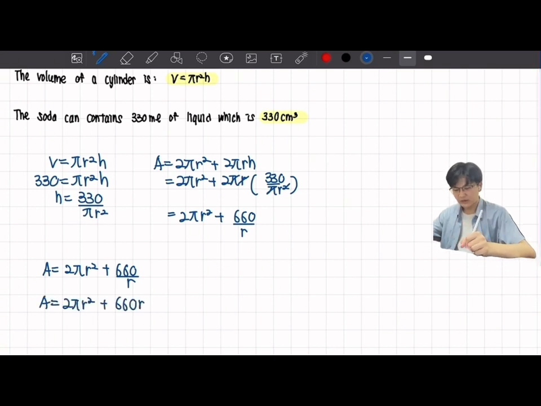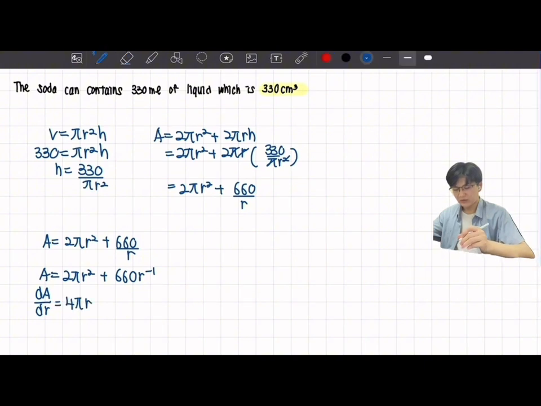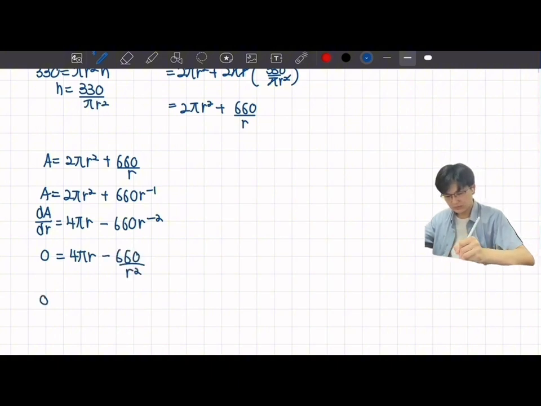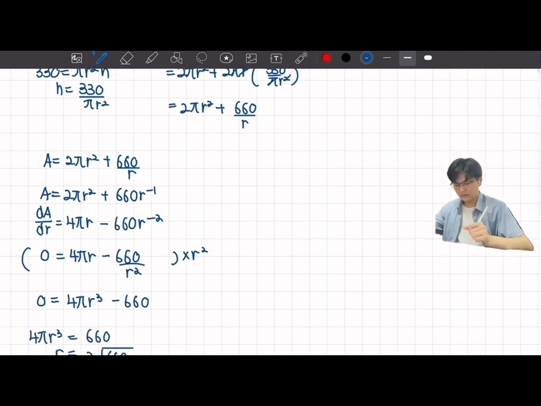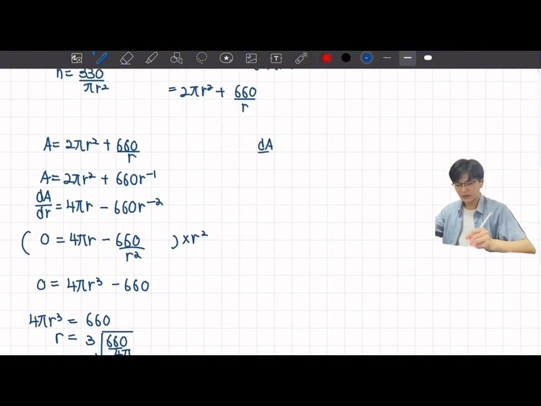So we got A equal to 2 pi r squared plus 660 over r. So we need to do the first derivative, which is dA over dr, because we need to find the maximum and minimum points, and let it equal 0. So when we got the value of r, we need to do the second derivative, because we want to know whether r is a maximum point or minimum point.